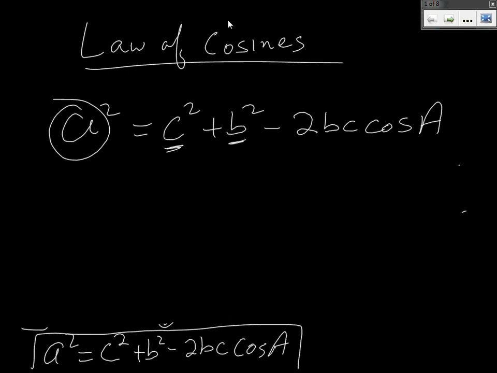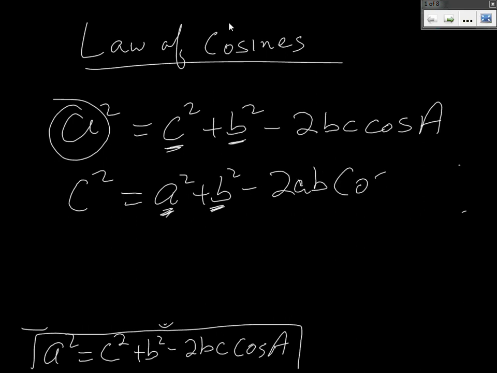So if I had written c squared is equal to a squared plus b squared, like I initially did, I should be taking away 2 times that product, 2 times ab, times the cosine of little c, the angle opposite little c. Let's even write that as little c.